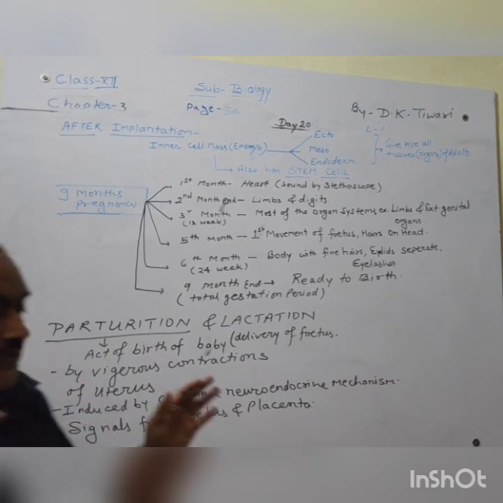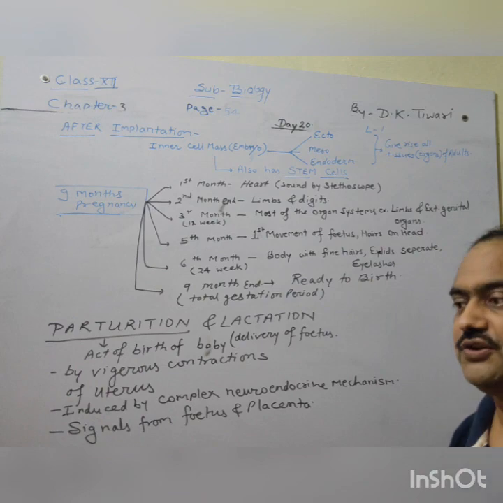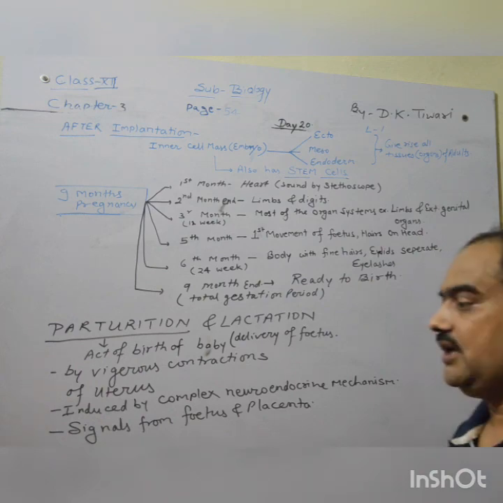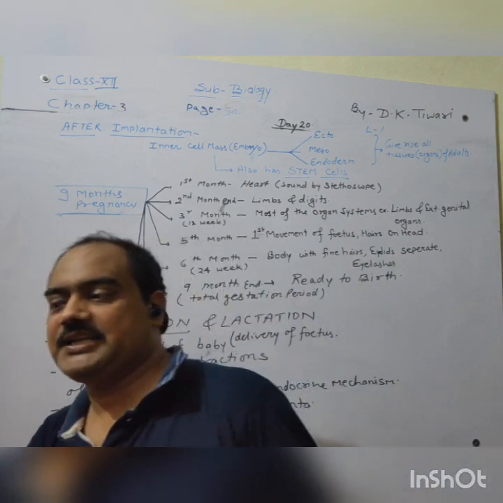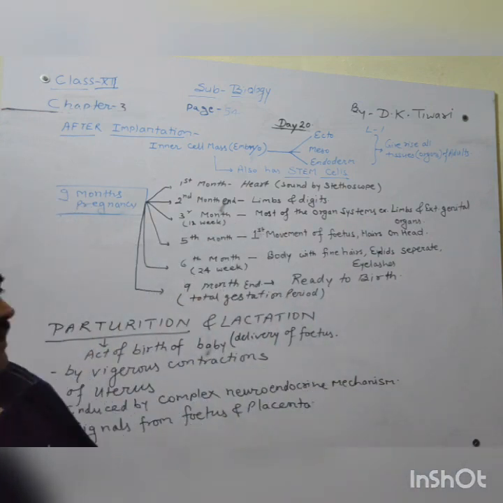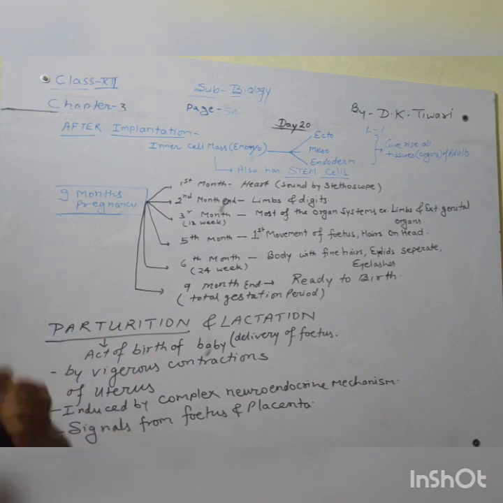Students, now we have studied up to the process of implantation, where chorionic villi have been made and interdigitation has taken place, and implantation was completed. Now after implantation, what happens?